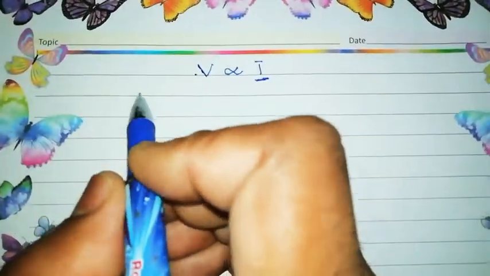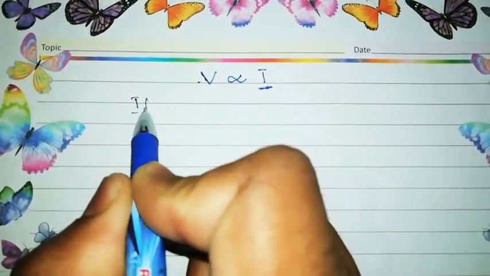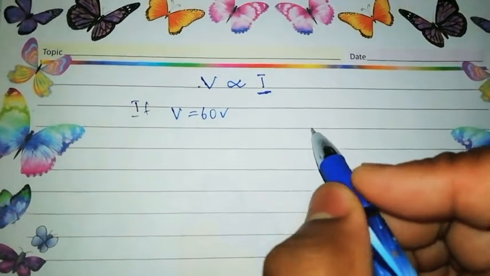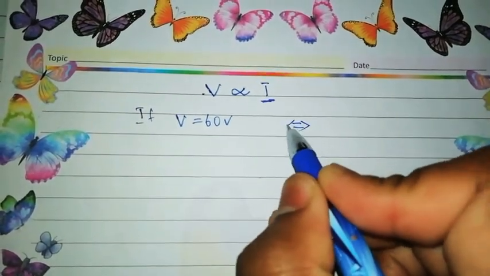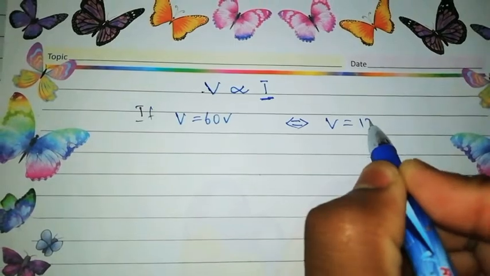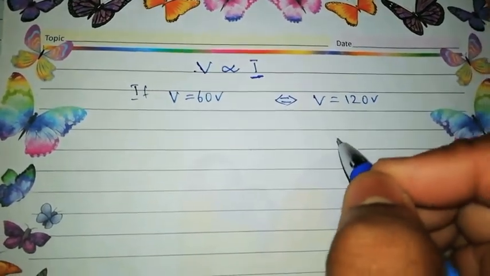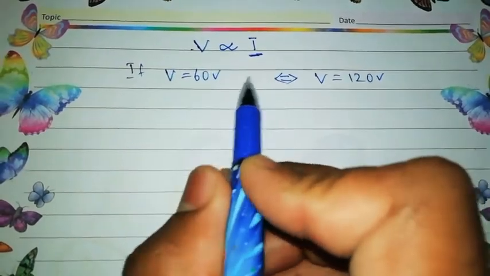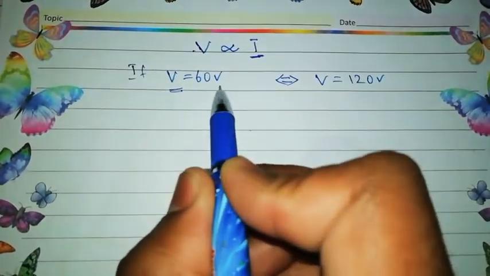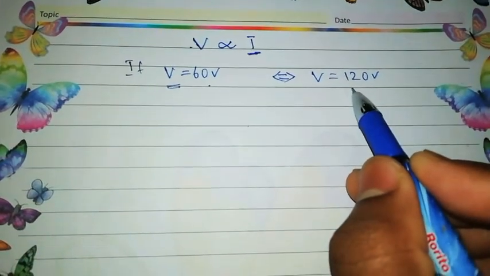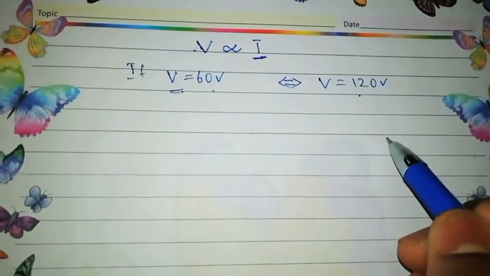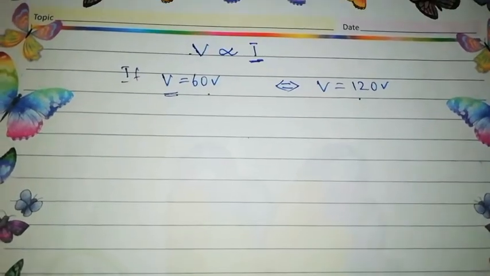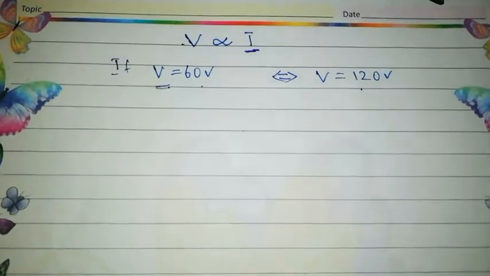In this question, V is equal to 60 volt is given, and another V is equal to 120 volt is given. If you see, it is doubled, first voltage 60 and another 120, it's doubled, right? The potential difference is doubled. If V is doubled, then I is also going to be doubled, right?